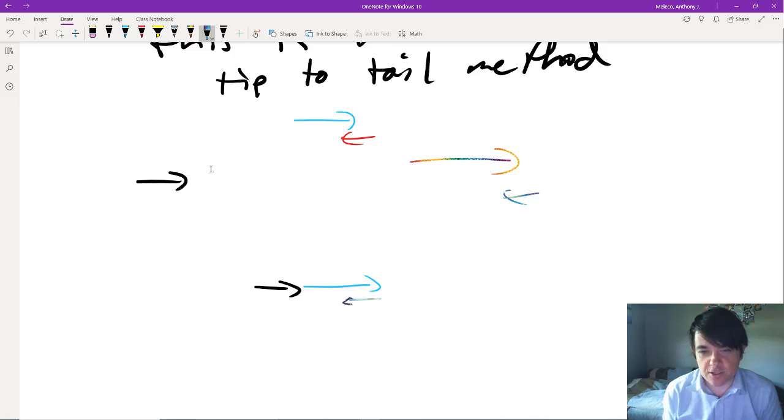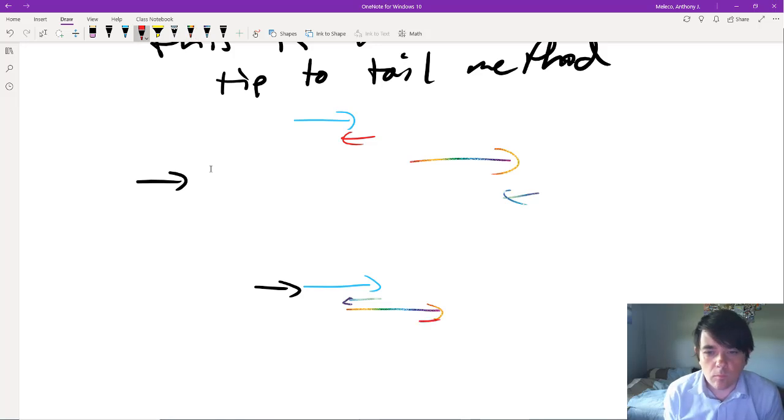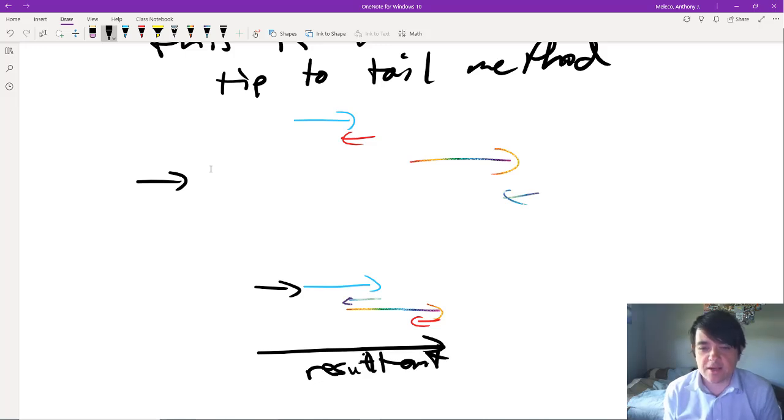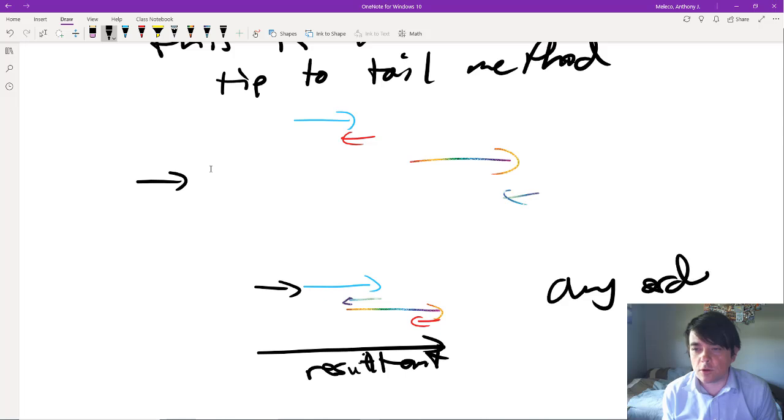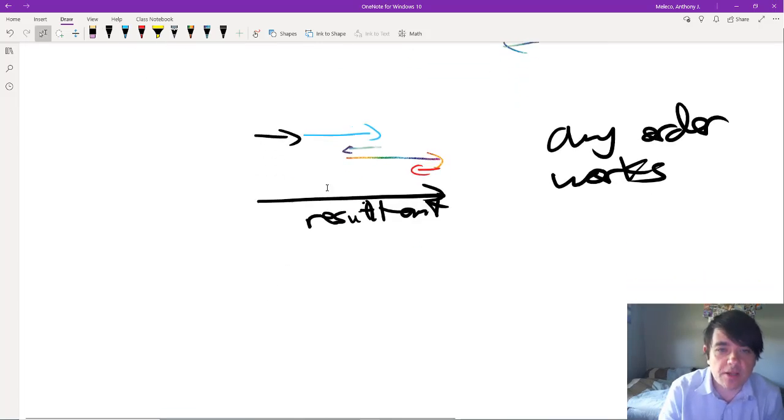Whenever you switch direction, again, remember tip to tail. We can just do this in any order we want. And then this is our resultant, okay? And again, any order works. So this will be my length regardless.